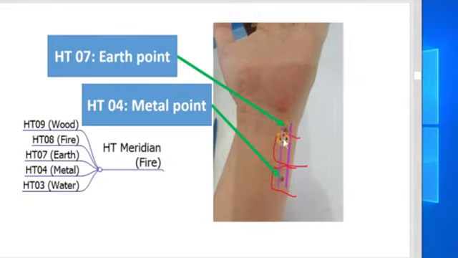The first shallow point is the earth point, HT7. If you follow the shallow line beside the tendon, 1.5 thumb, the point is HT4, which is the metal point.